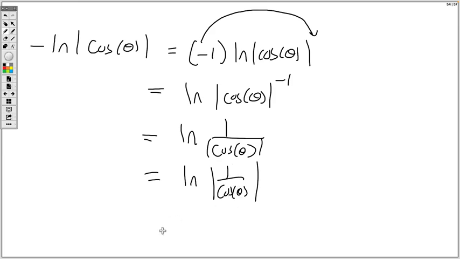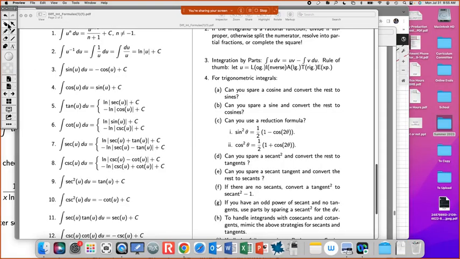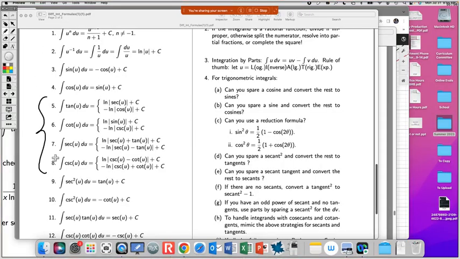And what's 1 over cosine, folks? Secant. So with these antiderivative formulas for tangent, cotangent, secant, and cosecant, all of these are equivalent using log properties and then trigonometric properties, trig identities.